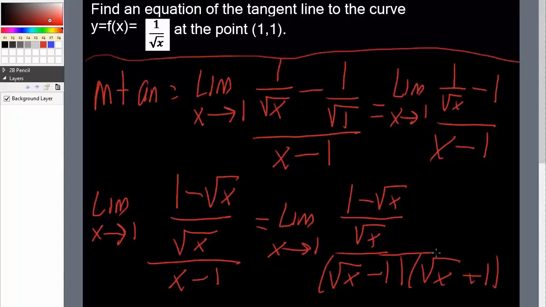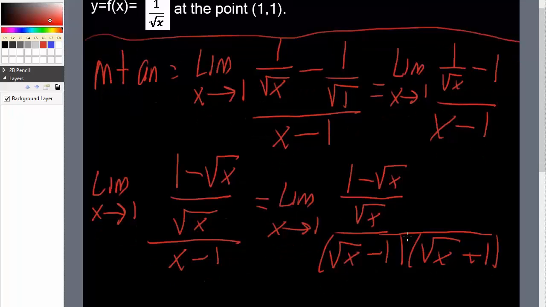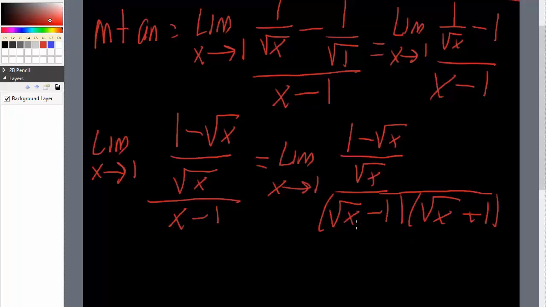If you notice, we're not actually changing anything. If you do square root of x times square root of x, you get x. Square root of x times 1 plus square root of x times negative 1 is 0, and negative 1 times 1 is negative 1.